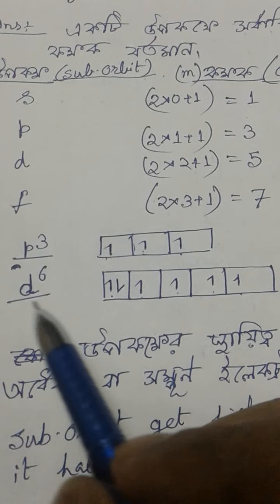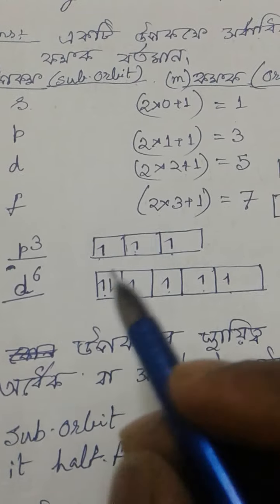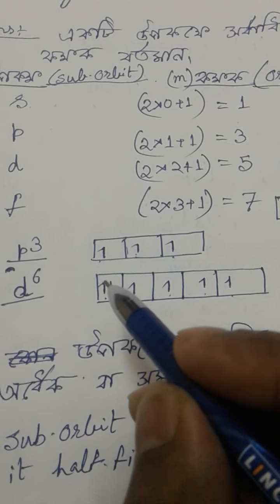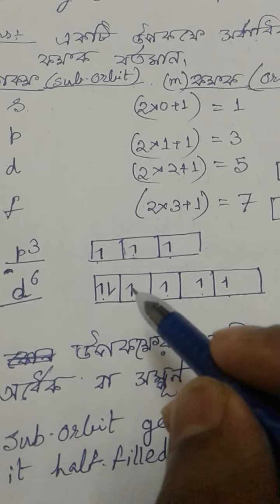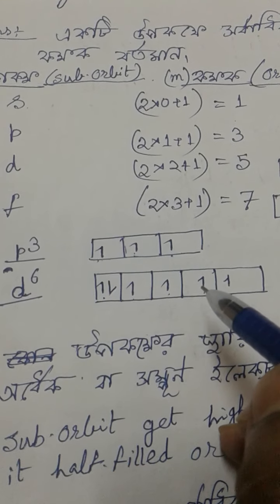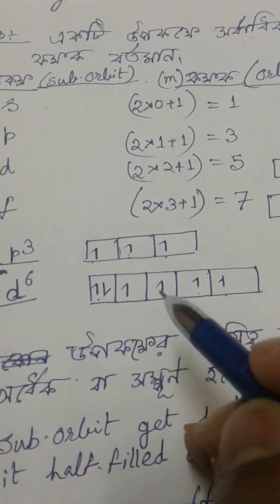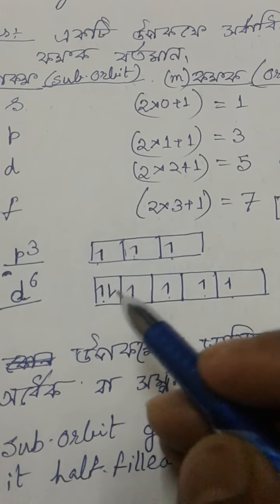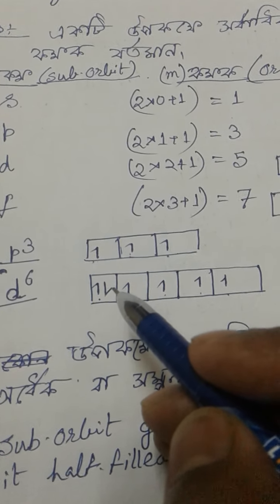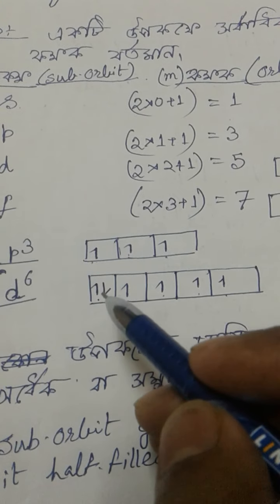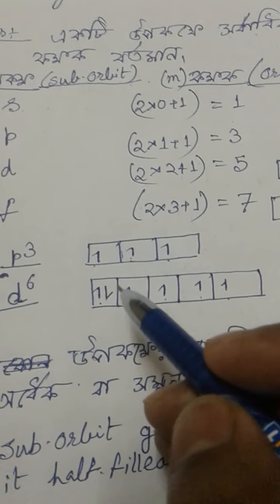When I fill the d orbitals with electrons, I fill the first electron in the first box, then the second box, then third, fourth, and fifth box, in the upward direction, and the remaining electrons I fill in the first box in a downward direction.